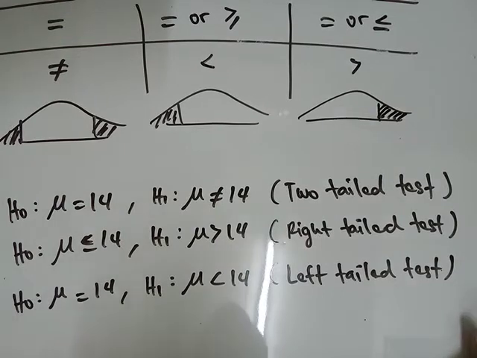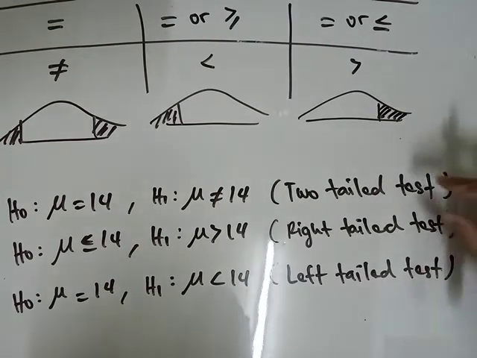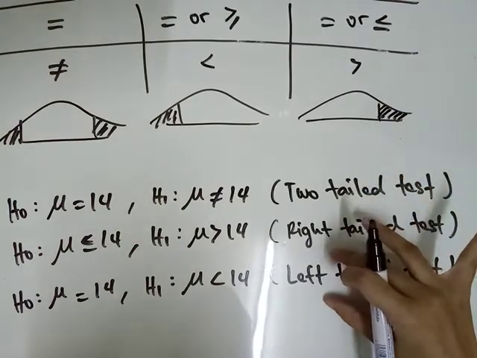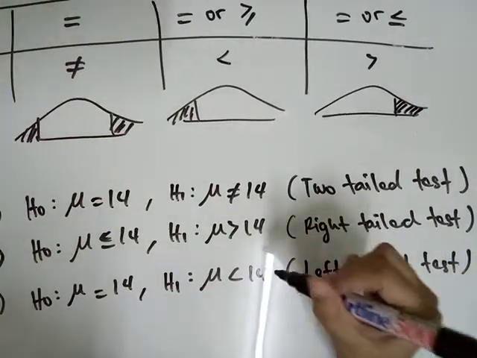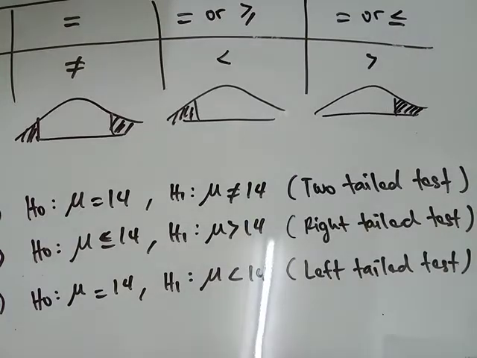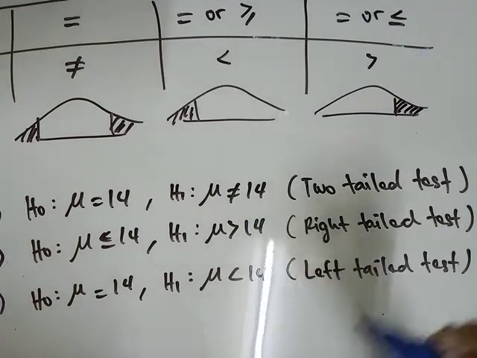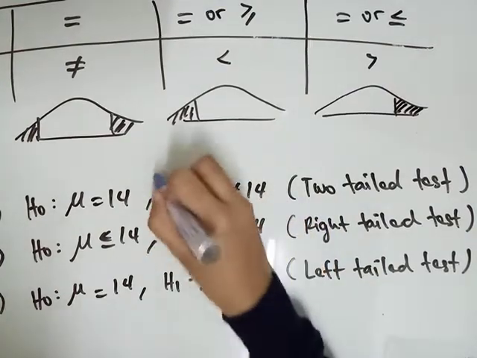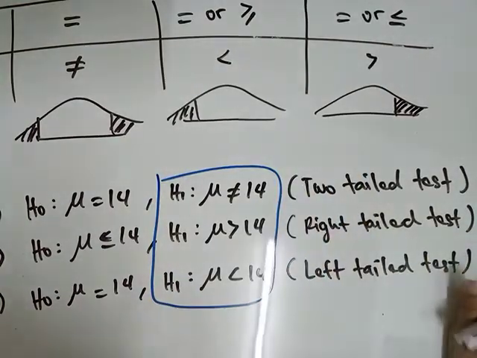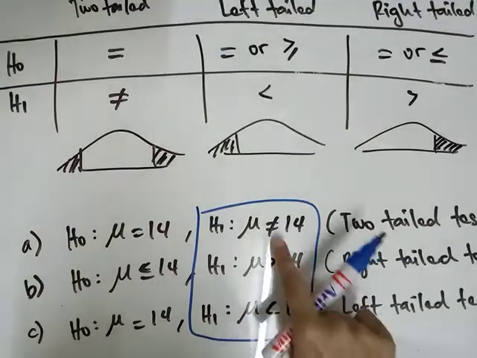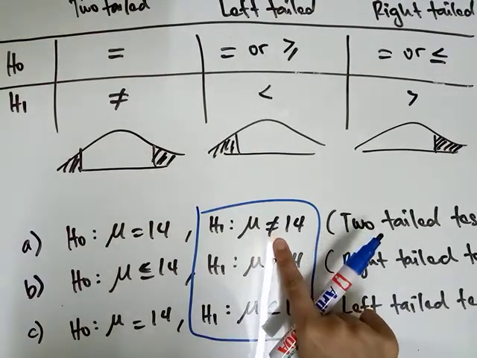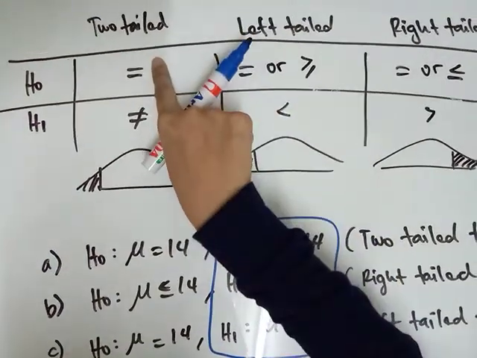Okay, so to make it easier to understand, to know whether we need to test two tail, right tail or left tail, just look at the sign for H1 only. When H1 is not equal, that means two tail.